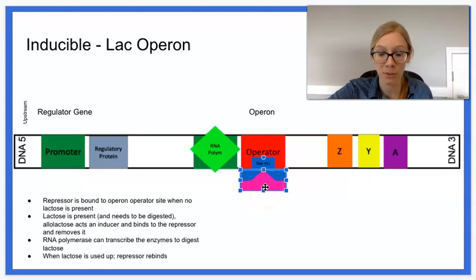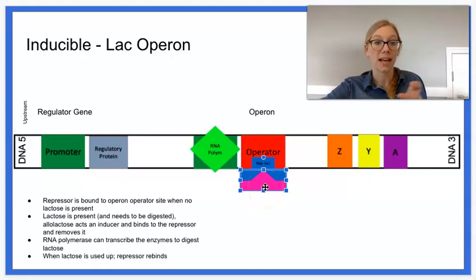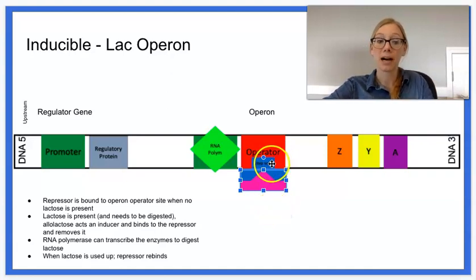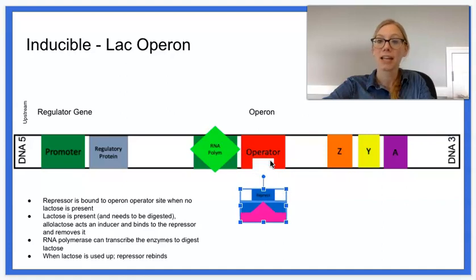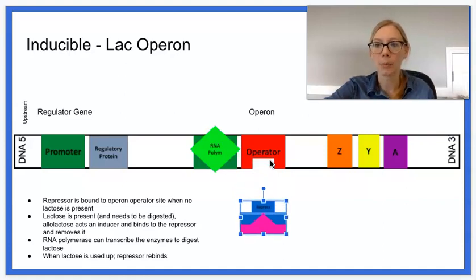When lactose is present, I produce allolactose, which is my inducer, okay? It's going to bind to my repressor. And when allolactose binds to my repressor, I have a conformational change, and it unbinds from my operator.